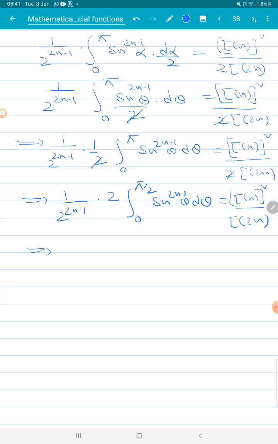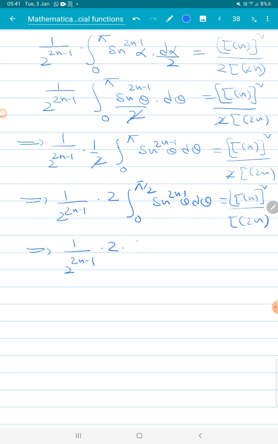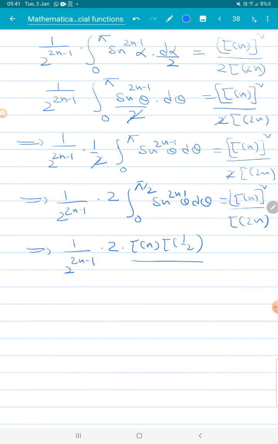So this implies that 1 by 2 to the power of 2n minus 1 into 2 integration 0 to pi by 2 of sine 2n minus 1 theta d theta equals gamma n into gamma of 1 by 2 by 2 into gamma of n plus half, which is equal to gamma n whole square by gamma of 2n. So 2 gets cancelled.